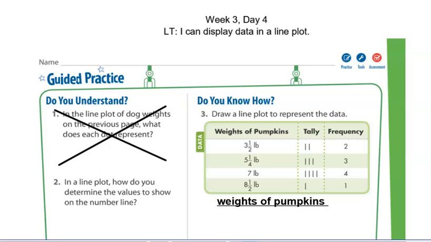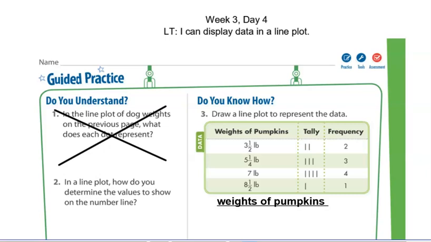Yesterday we focused on analyzing data in a line plot, and today we're going to move forward and actually create our own line plot to display data. Remember, a line plot is a really great way to organize and represent numerical data.